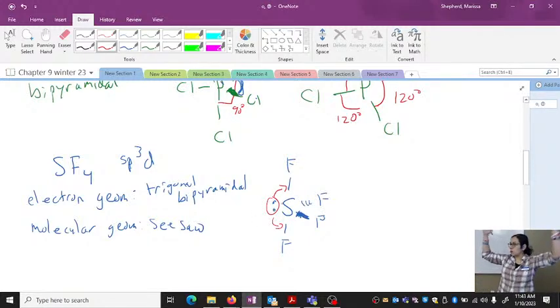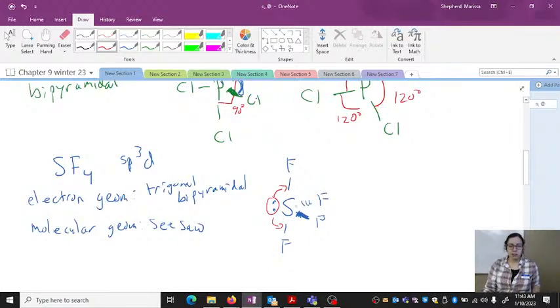Remember, lone pairs want to occupy more space. So if we had swapped this for a fluorine, that would obviously give you the even 120 or 180 across here, or 90. And so I assume there's some distortion.